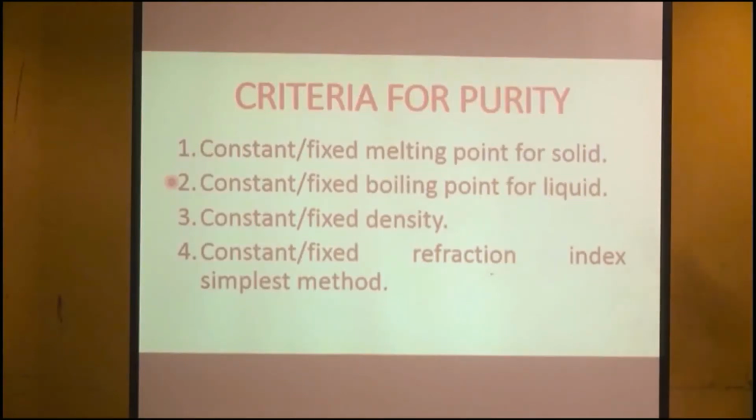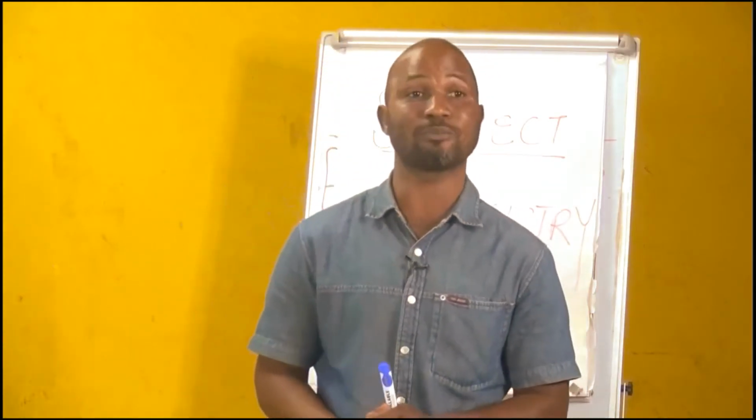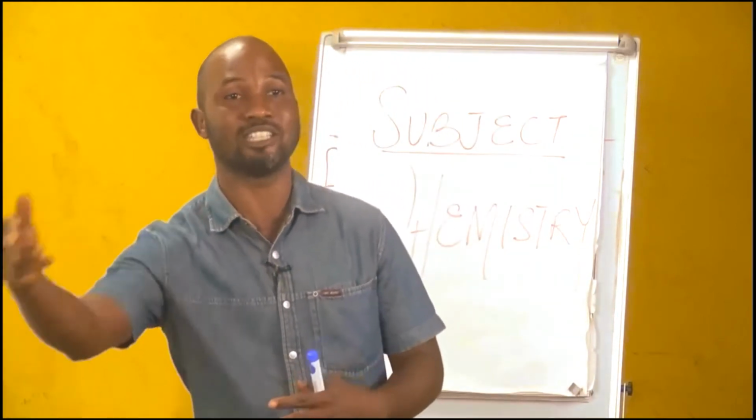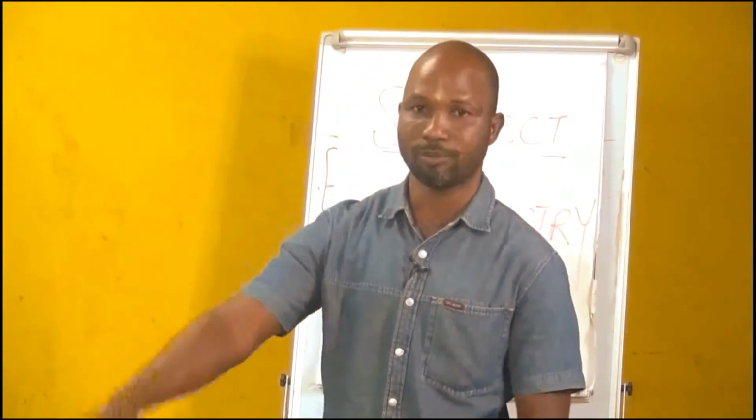Then we have fixed or constant density. It must have a fixed or constant density. Remember, your density is mass per unit volume. The density of pure water is 1 gram per centimeter cube. Anything outside that means that water is not pure.